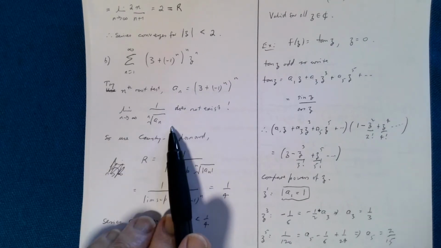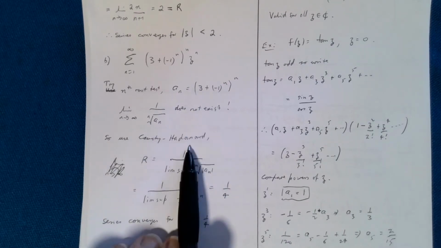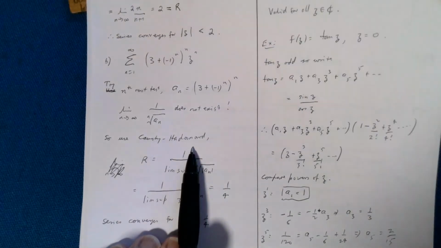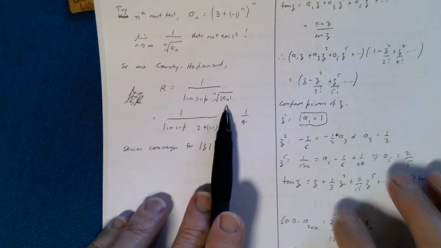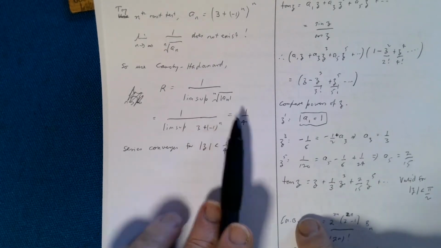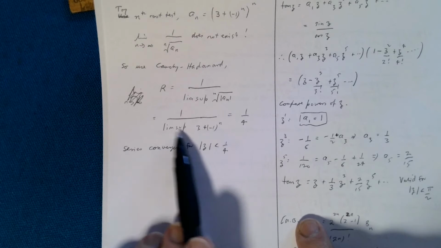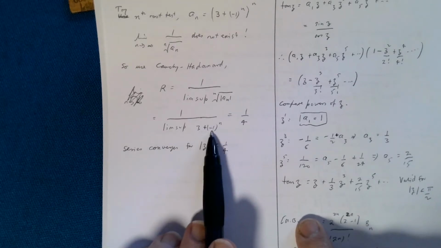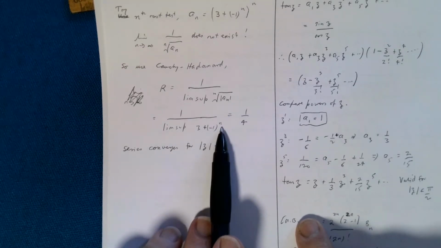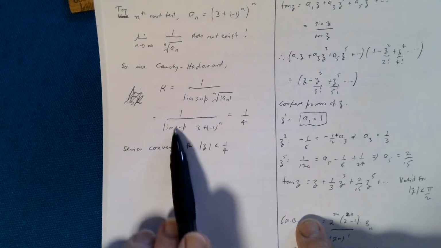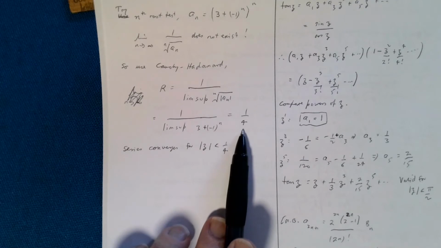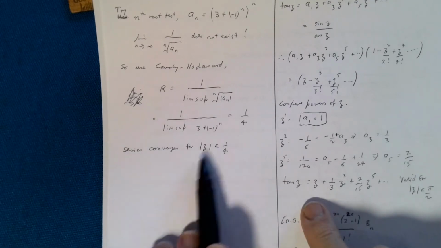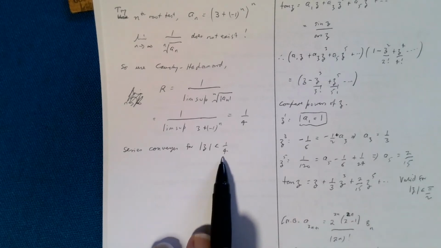So I'm going to use the Cauchy-Hadamard formula for the radius of convergence, which was 1 over the lim sup of the nth root of the modulus of a sub n. So I simply substitute that in. I get the lim sup of 3 plus minus 1 to the n. Now that limit doesn't exist, but the supremum limit does. It's just 4 in the denominator, so this is a quarter. So that's my radius of convergence, and the series converges for mod z less than a quarter.